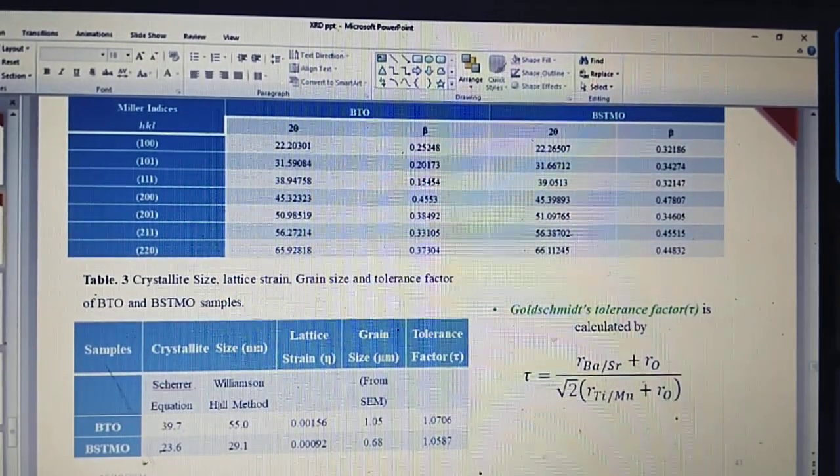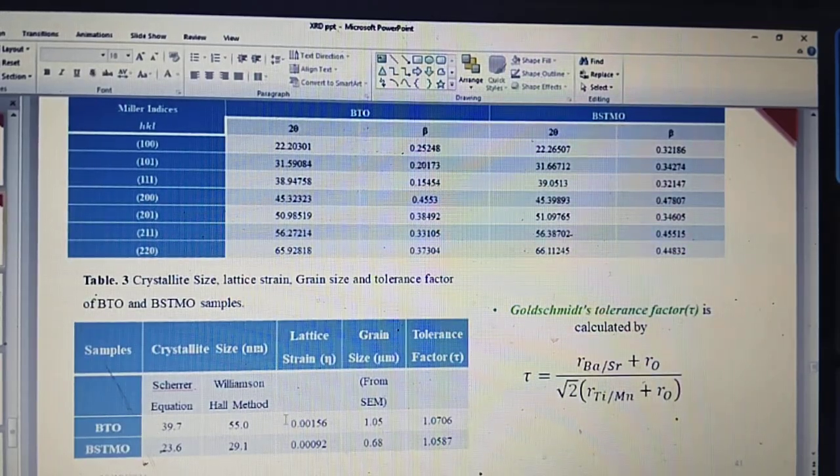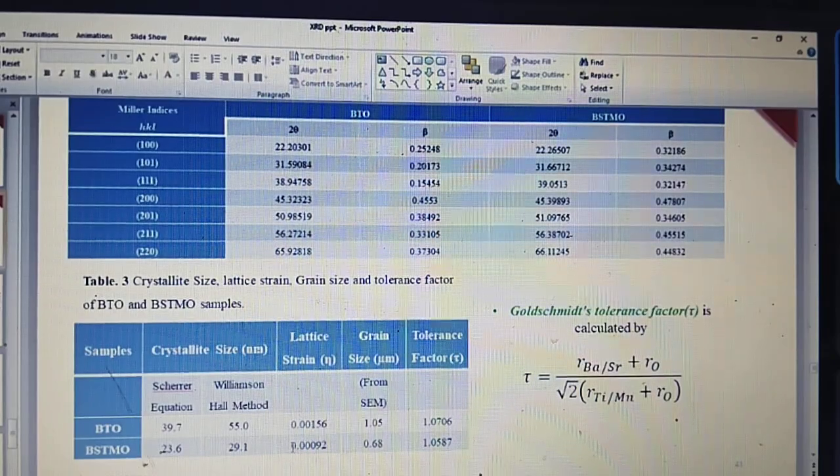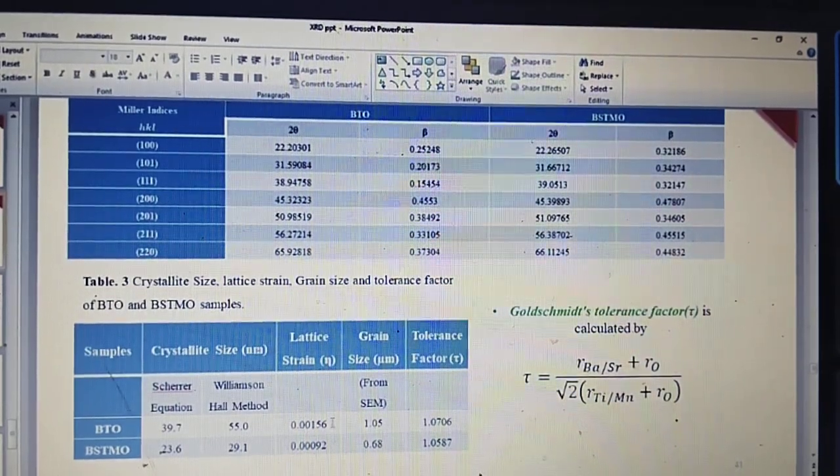As I was telling you, if you are getting 39 nanometers with the Scherrer equation, for example, then in Williamson-Hall you will get 59. Similarly, for the doped sample, it is 23 and 29, so a little bit more, and this is the strain which you will get here, of the order of 1.56 into 10 power minus 3.